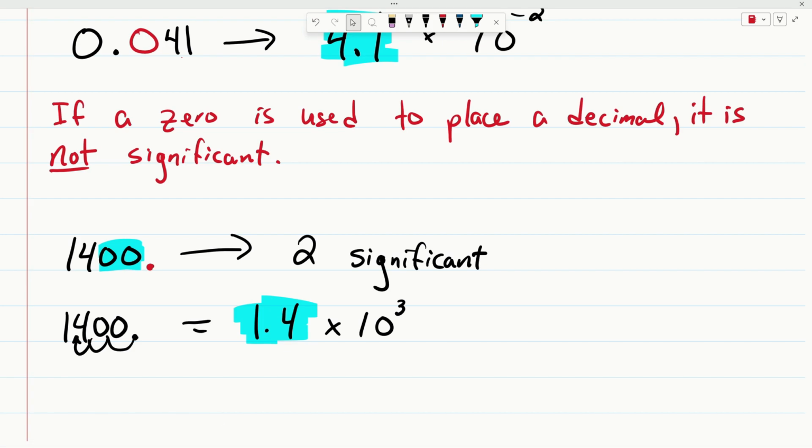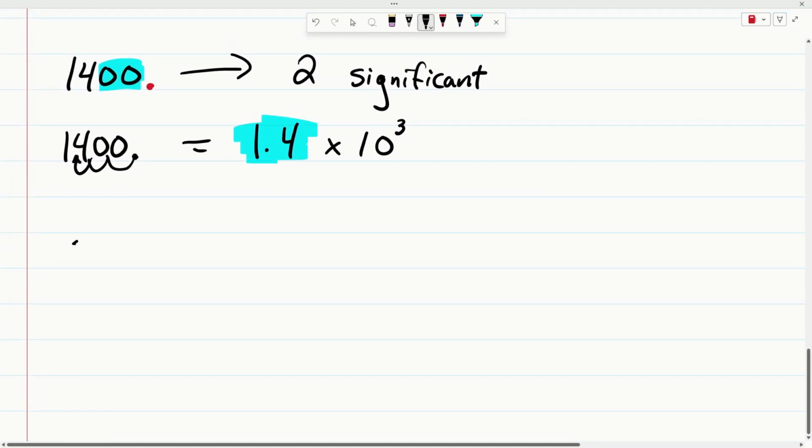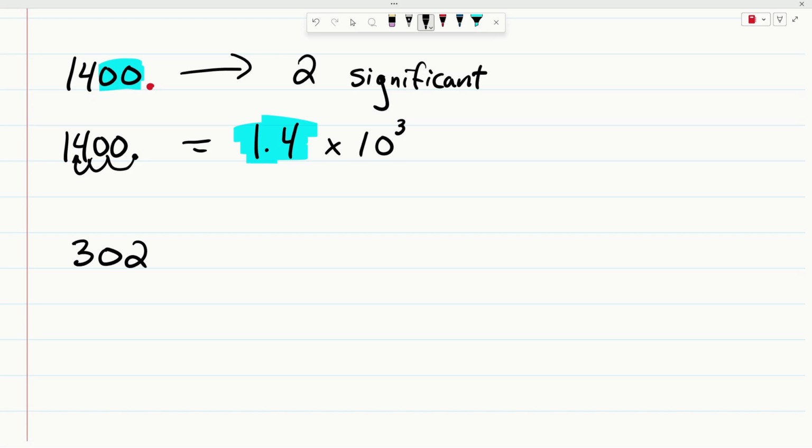Then there is this example here. 302. This has 3 significant digits. Okay, we have 3 significant digits here. And that's because this 0 in the middle is not being used as a place value.